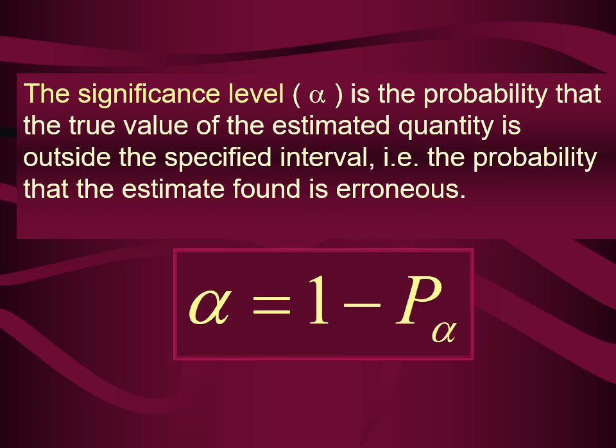That is, the confidence probability is a value close to 1, and look at the previous slide, the greater the confidence probability, the closer it is to 1, the more accurate our estimate of the general population is.